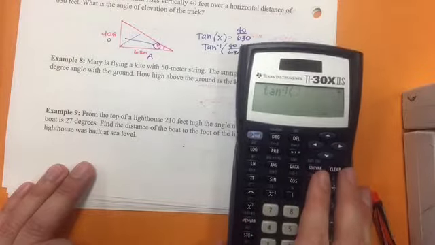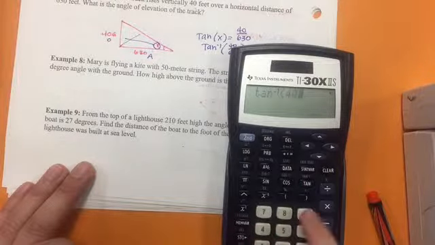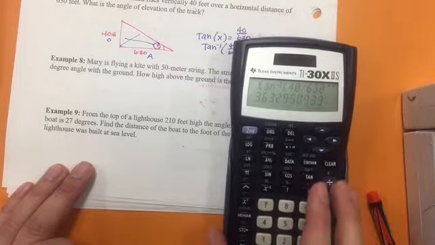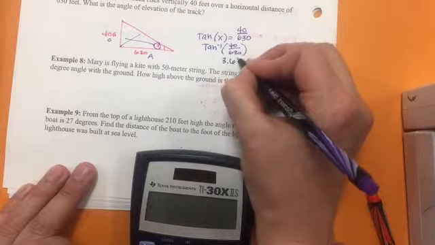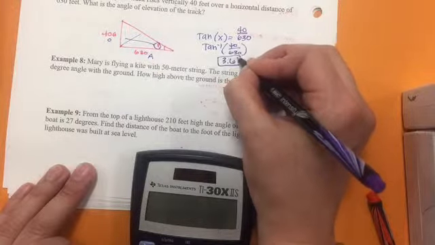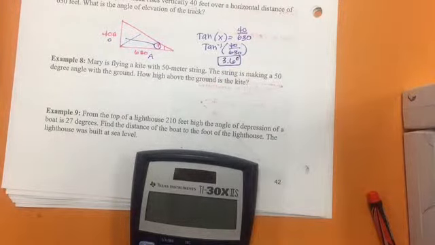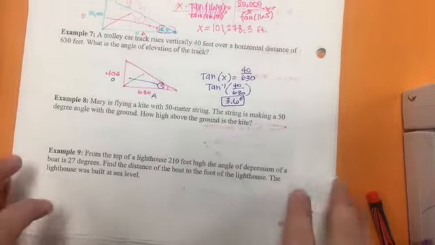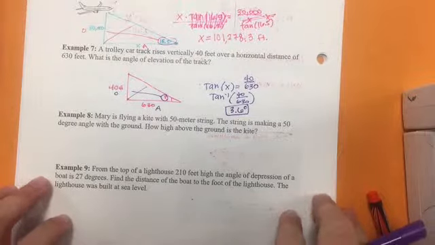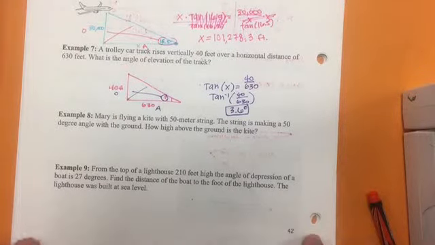Second tangent, 40 divided by 630 equals 3.6 degrees. Which makes sense because a trolley car should not go up at a huge degree or else it'd be insane.